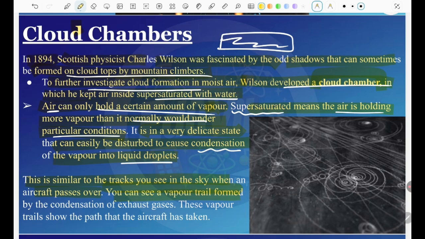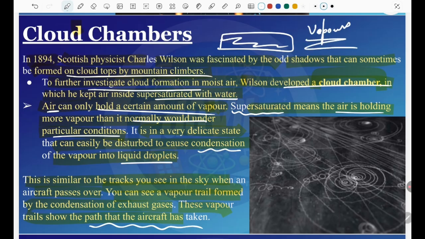By the combustion of the exhaust gases, these vapor trails show the path the aircraft has taken. So the cloud chamber is all about vapors and the condensation process.